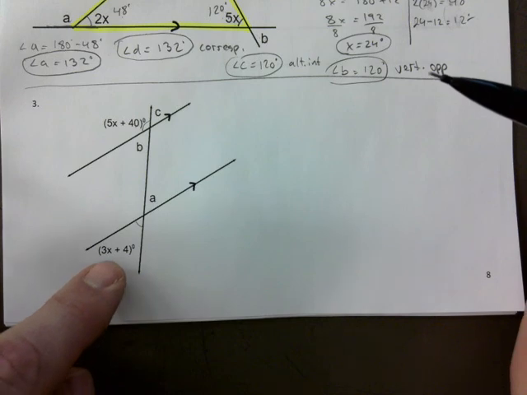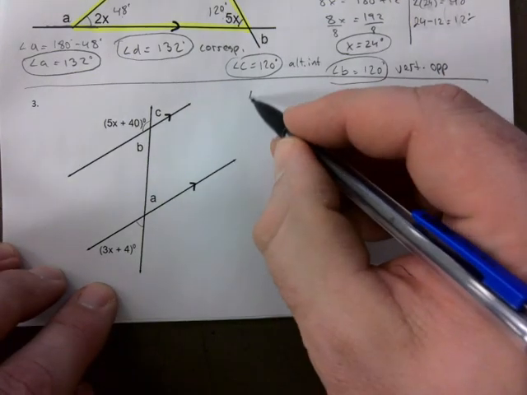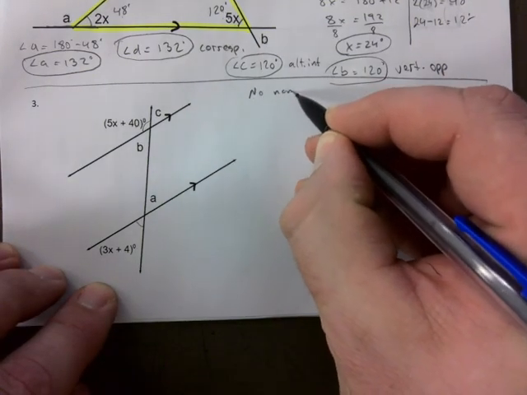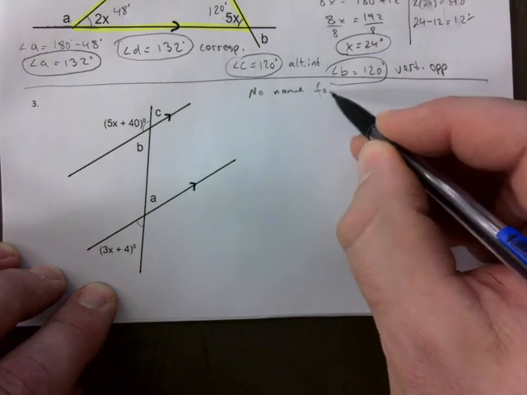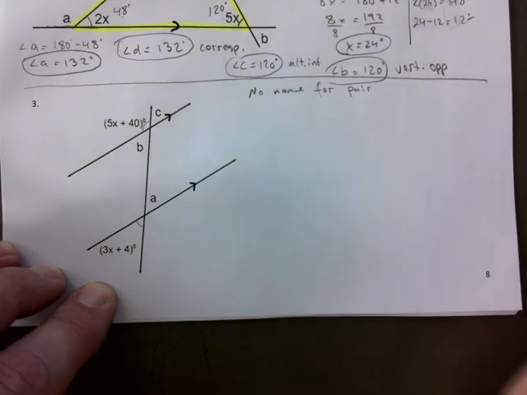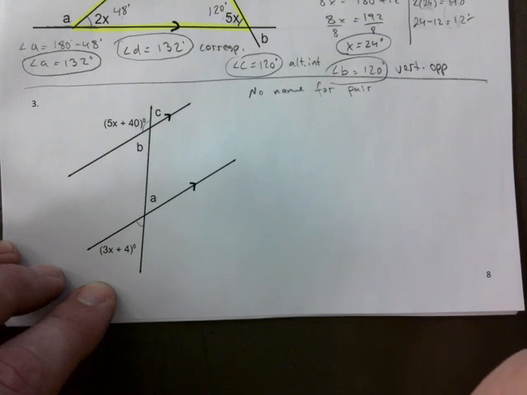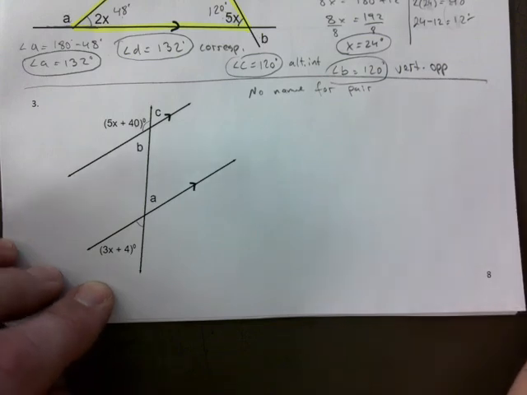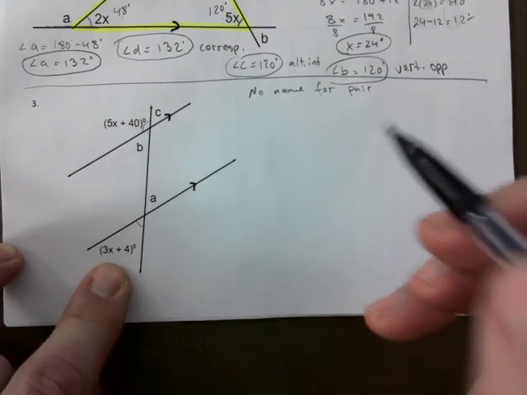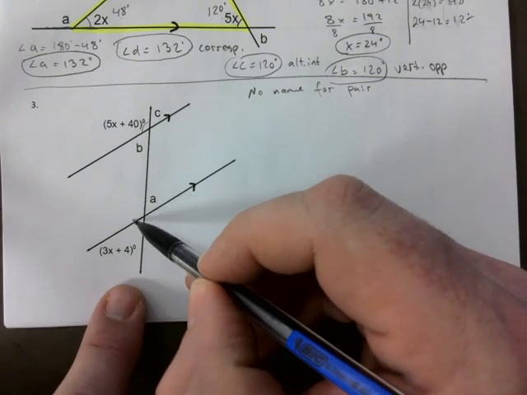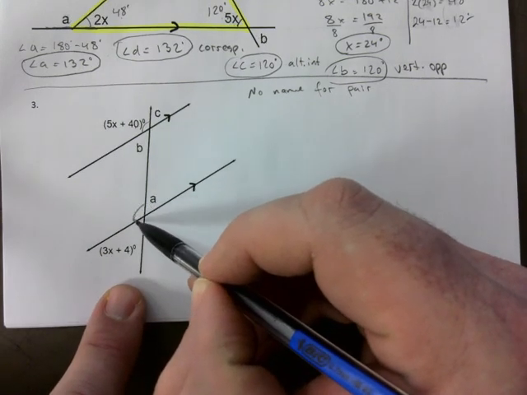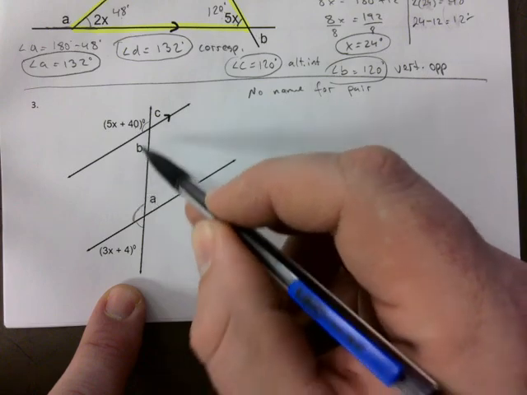So this is my trick, okay? No name for pair. And here I'm only going to solve for X. I'm not going to solve the rest because you know how to do it by now. So find a pair. I'm going to figure out this one, and then I know that these are corresponding.